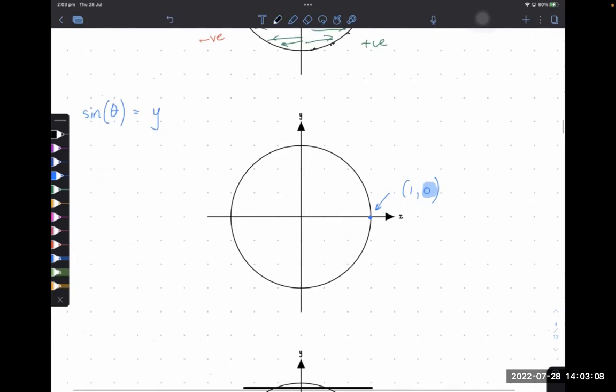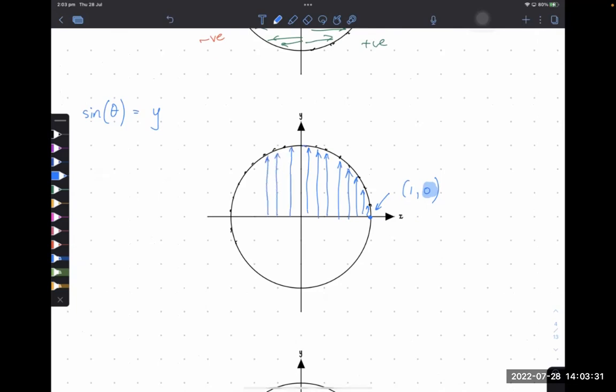If we start going around the unit circle and pick these points in the first half, you can see our lines are vertical. If they are going up, what does this mean about the y values? They're positive.